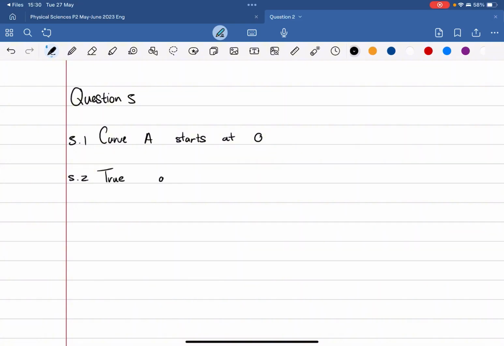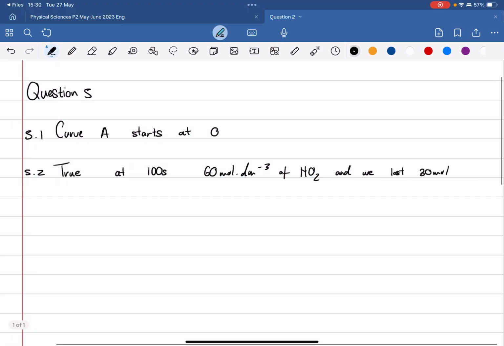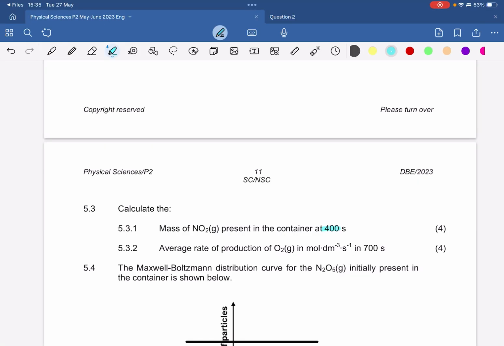And you could say that at 100 seconds we had about 60 moles per decimeter cubed of NO2, and we lost about 30 moles per decimeter cubed of N2O5. That's simple.